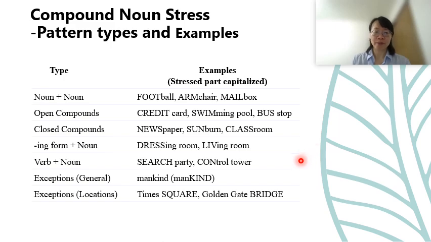Oh, Matthew, what is your question? Yeah, for example, credit card is different from the meaning of the card or the credit, right? When we combine these two words together, it's specifically one meaning: the card that the bank sent to us.